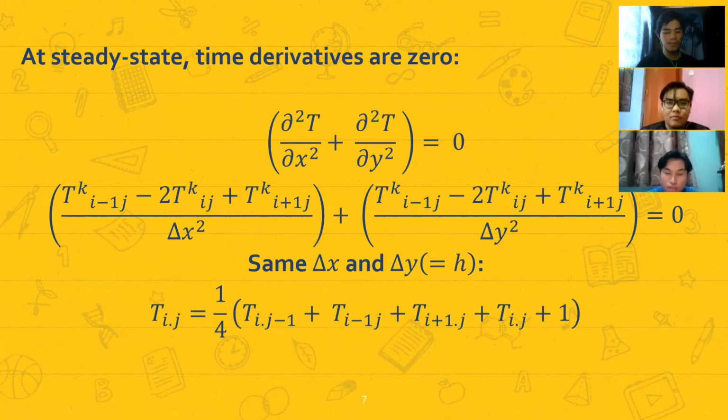As delta x and delta y are the same, equal to h, we can write the equation as Tij equals 1 over 4 times the bracket of Ti,j-1 plus Ti-1,j plus Ti+1,j plus Ti,j+1.